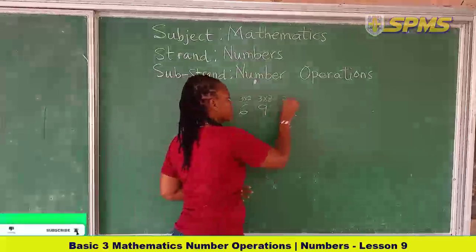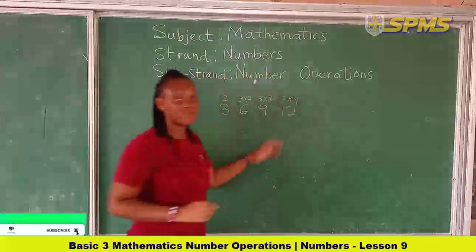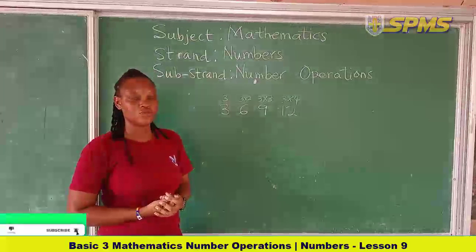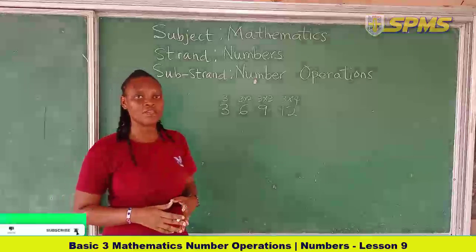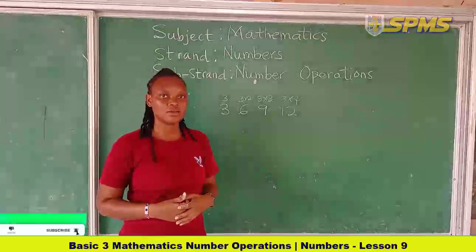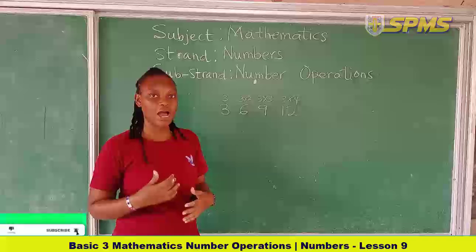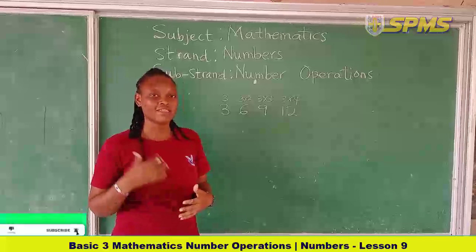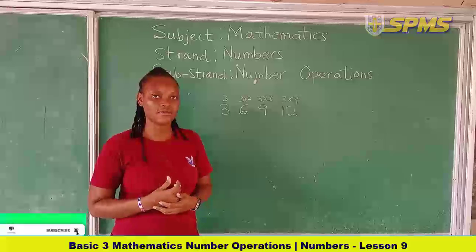And then 3 times 4 will give us 12. So in this case, it can be in repeated multiplication. You are adding or you are multiplying by the number itself.